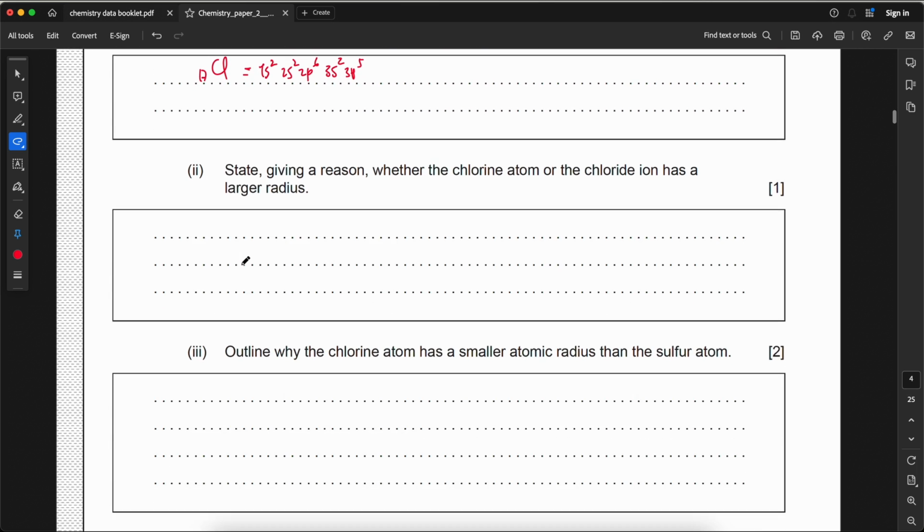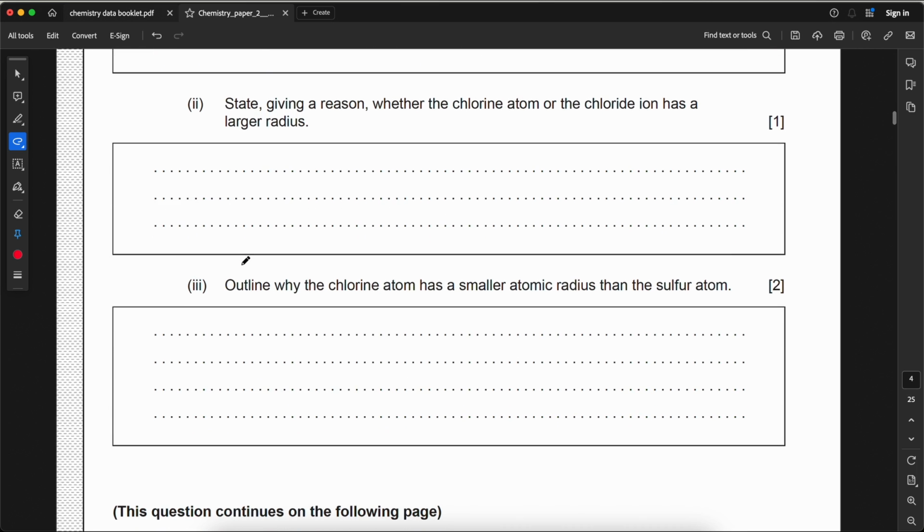State, giving a reason, whether the chlorine atom or the chloride ion has a larger radius. Chloride ion, Cl minus, the number of electrons becomes 18. But chlorine atom, the number of electrons is 17.